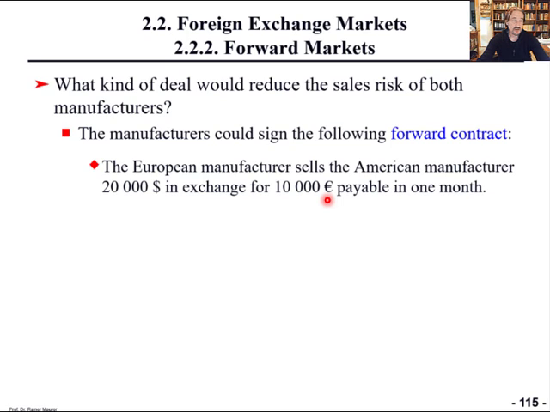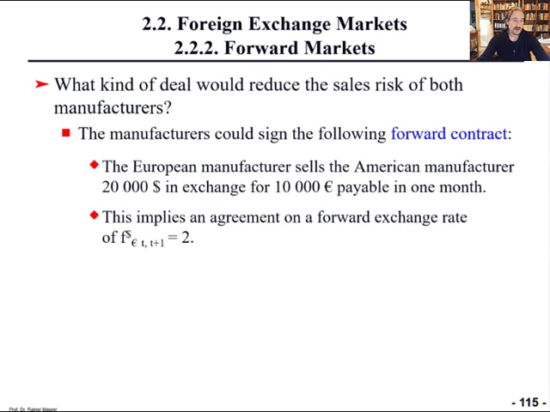And the exchange takes place in 1 month, so 1 month ahead in the future. This implies an implicit forward exchange rate of $2 per euro, since we give away $20,000 and receive 10,000 euro.